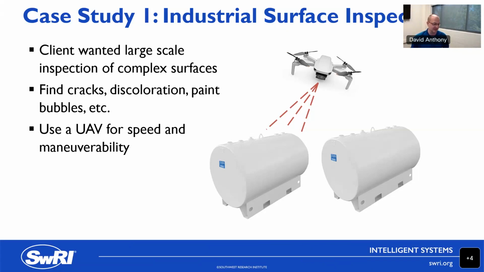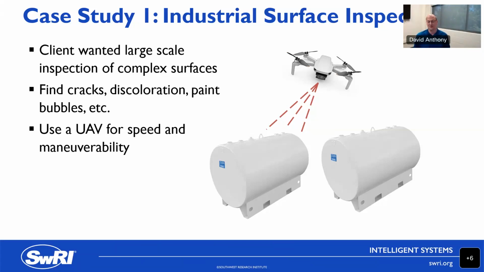So this client had an enormous, spatially large area they needed to survey that was full of complex objects. Think like these tanks here that I've put as illustrations. They've got lots of curved surfaces. There's lots of things on the tank. There's lots of valves. There's lots of hoses. There's lots of challenging things to work with on these tanks.